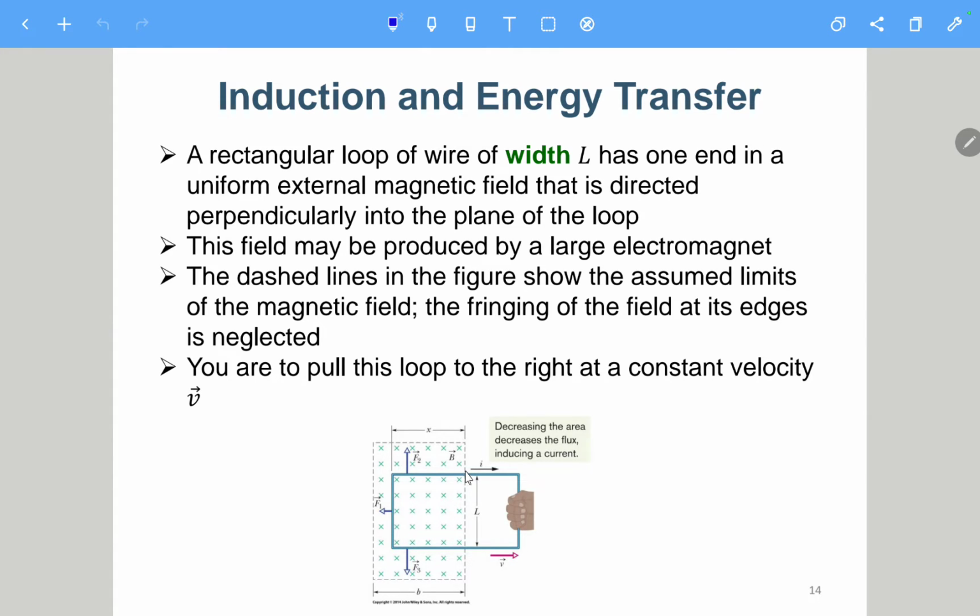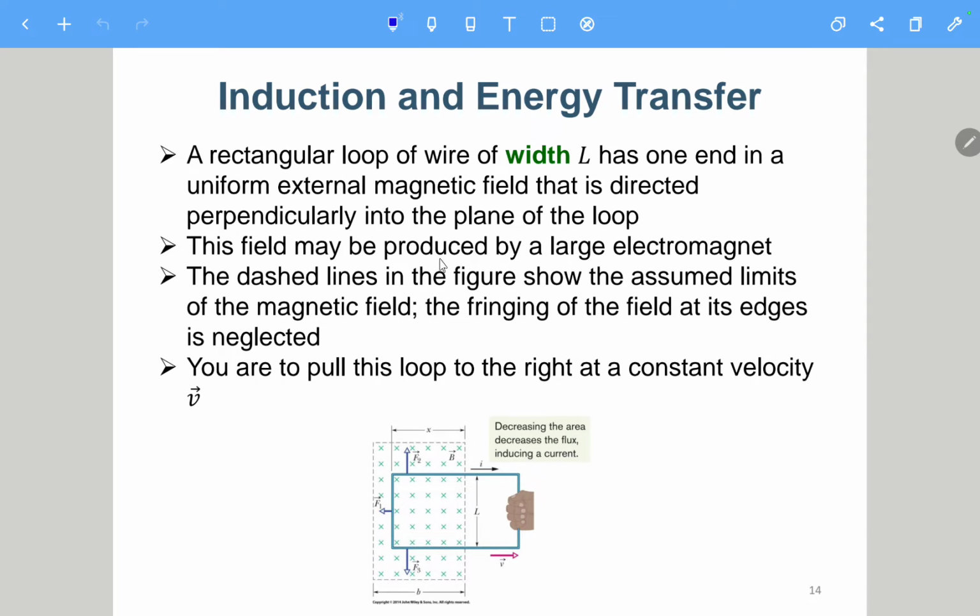In that case, B is a constant value, and you can see that the cross-section area will become smaller and smaller because the person is pulling this loop out of the B field. So A is decreasing, so the magnetic flux is decreasing.